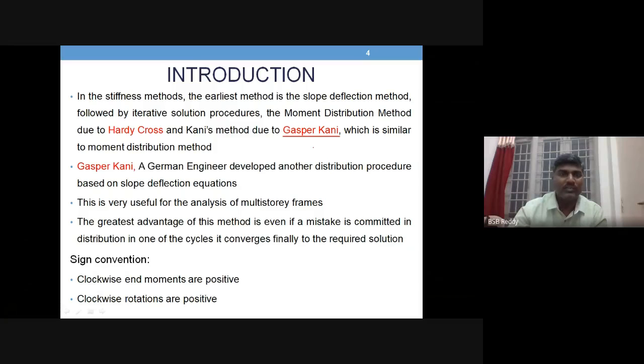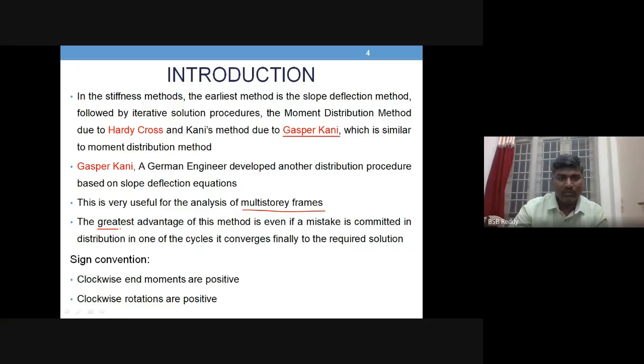He developed this method, which is again very similar to moment distribution, but where Hardy-Cross used the total moment of the joint to be distributed, Gasper Kani worked on rotation contributions of the ends of a member, which we will see in the procedure. This is very useful particularly for multi-story frames.